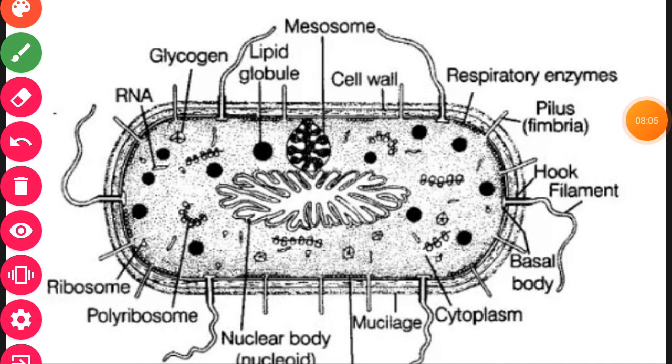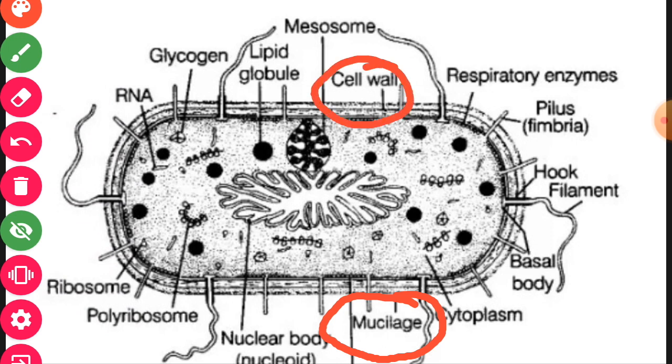I am recalling again: the outermost surface is mucilage, and just below the mucilage is the cell wall. Second, just below the cell wall is the plasma membrane, or you can say the mesosome. That is a very important structural component because it provides energy to the bacteria.